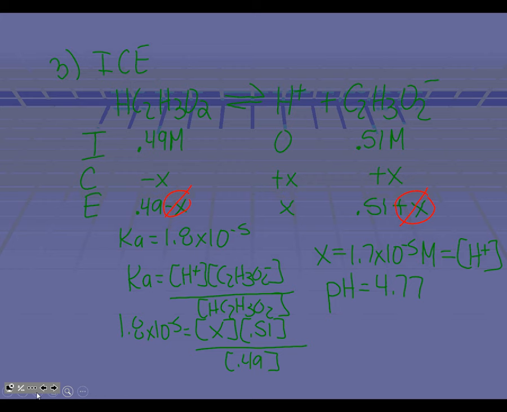To give you a point of reference, if we added this same amount of strong base to just pure water, the pH would go from 7 up to, with the base added in, a 12.